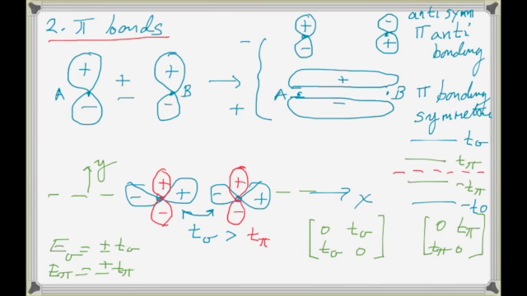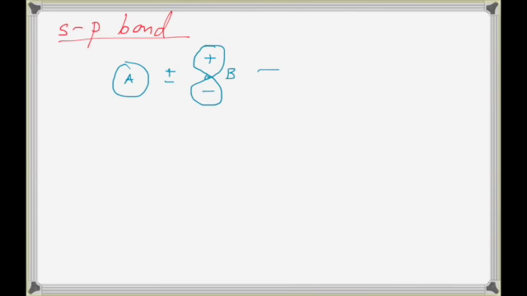So you can have bonds between an S orbital and a P orbital, an sp bond. Now you have, say, an s orbital on atom A, and there's two possibilities. One is a p orbital on atom B. And what's that going to give you? If I draw a line of symmetry through here, what do you notice about the symmetry of those two orbitals?